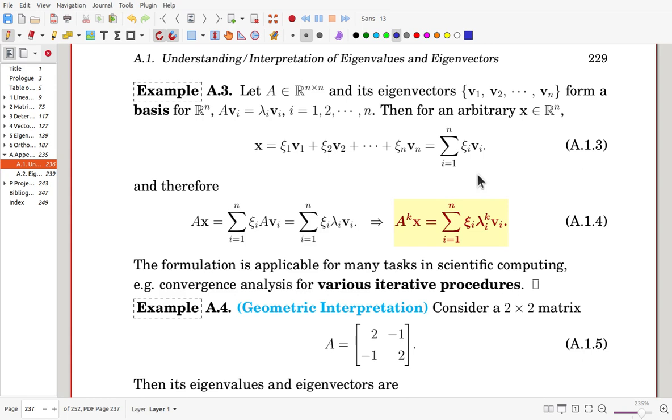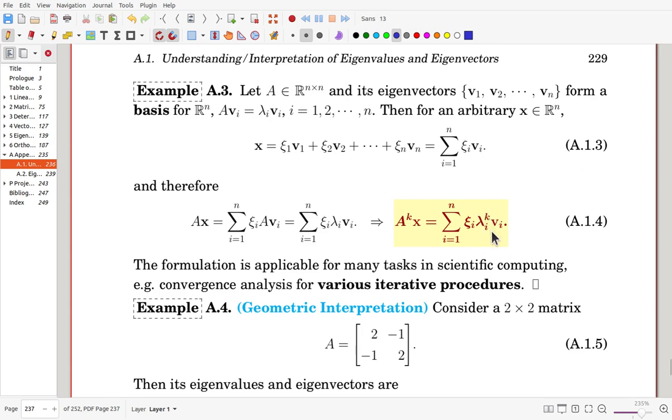If we multiply by A, then A can be multiplied to each eigenvector, and A vi is the same as lambda i vi, so we have this term. If we multiply A k times, then we have lambda i to the k.